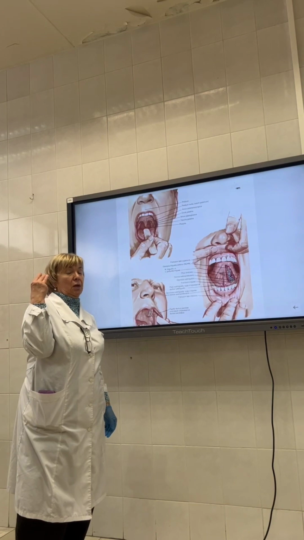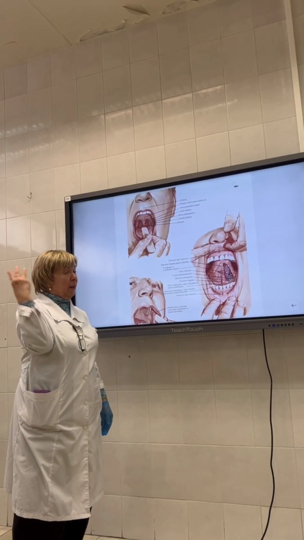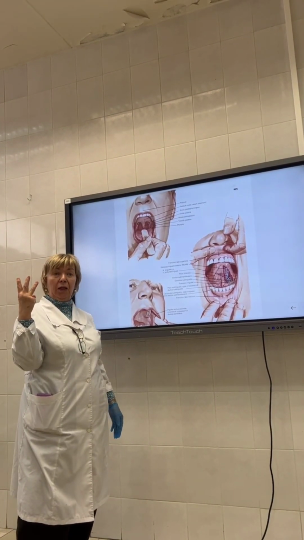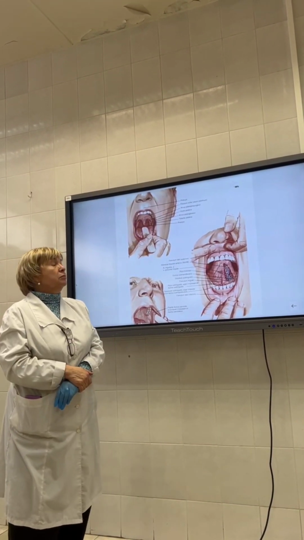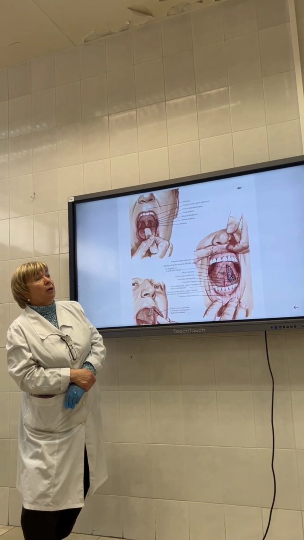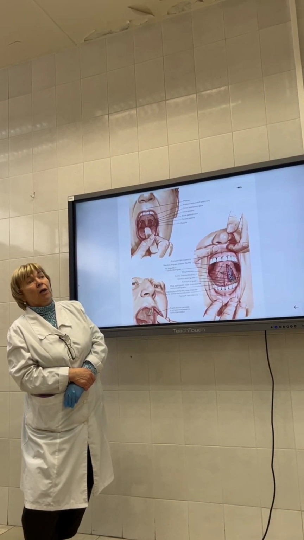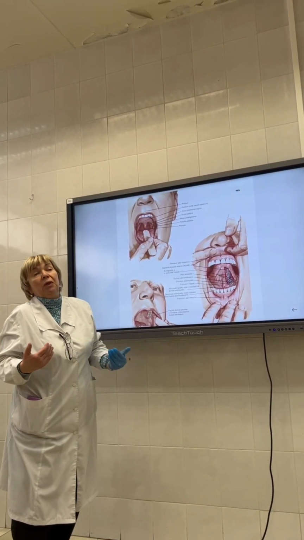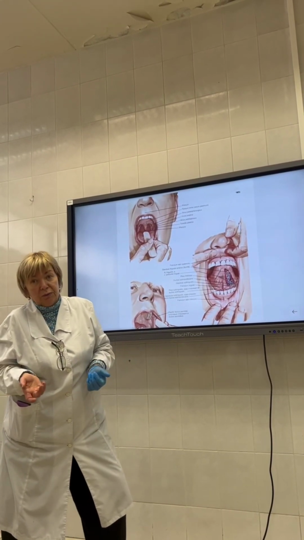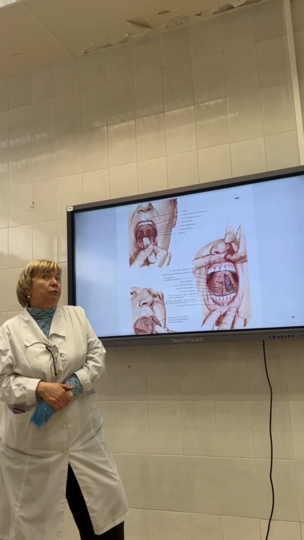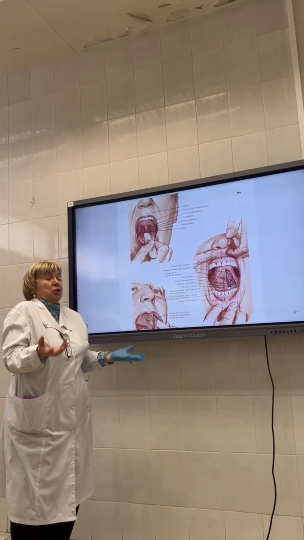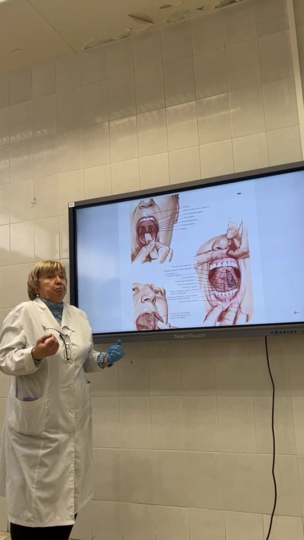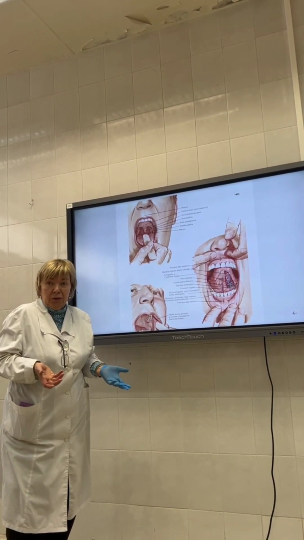In the walls of the fauces, three tonsils are located: the lingual tonsil, and two paired palatine tonsils. Inflammation of them the physician may meet in childhood, because the lymphoid immune system is very active in childhood, and lymphoid structures are very well developed in childhood.